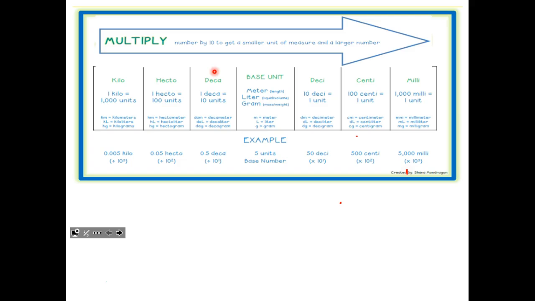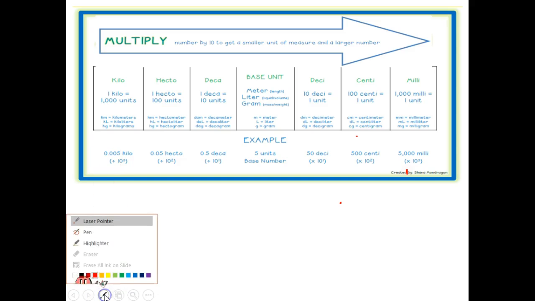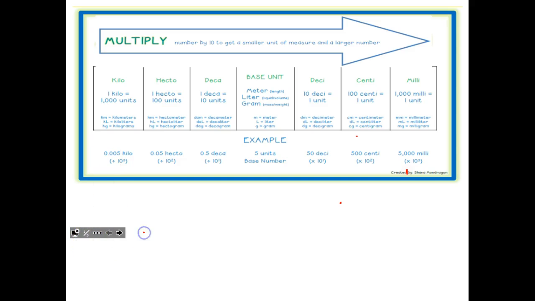As I said before, you guys might have learned that you could just move the decimal. So if you learned that way, you might remember that if you're going from a larger unit to a smaller unit, you're going to move the decimal to the right, however many jumps you have.